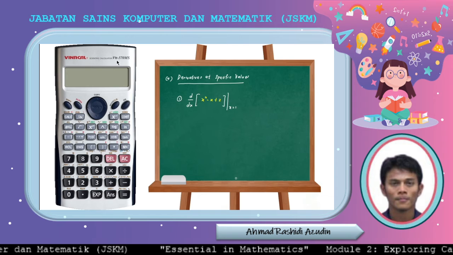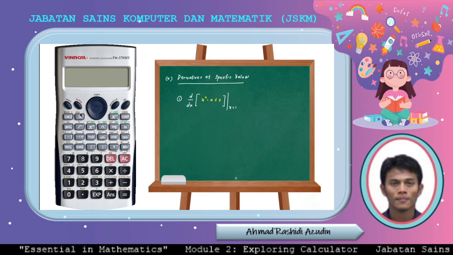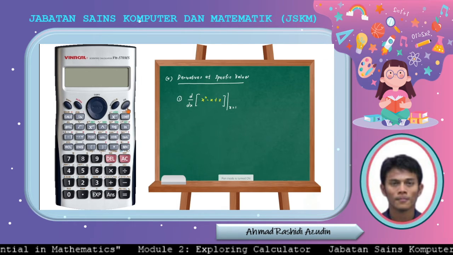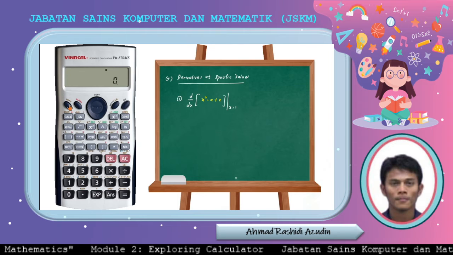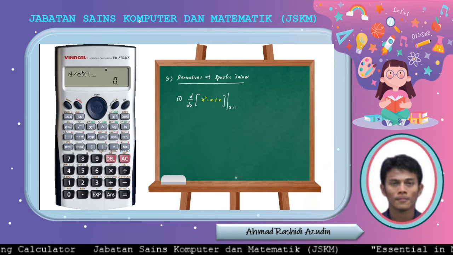To solve this question using the 570MS calculator, we need to use the d by dx function. To activate this, we press shift, followed by this button. Then the derivative symbol will appear on the screen.